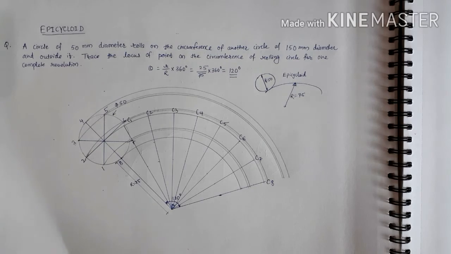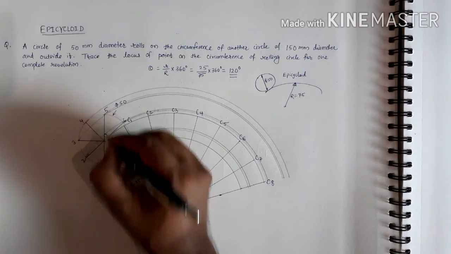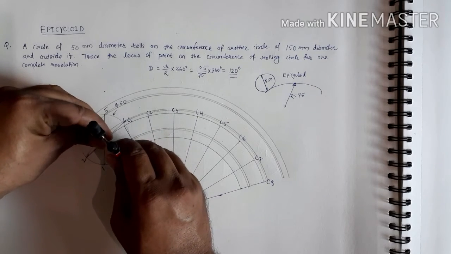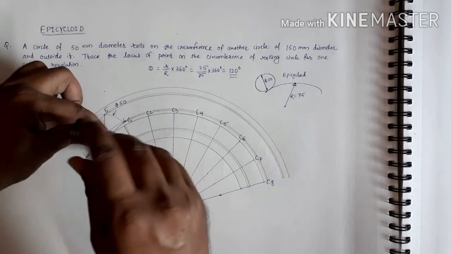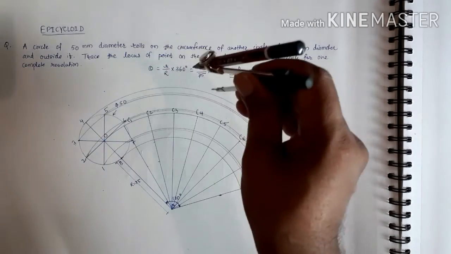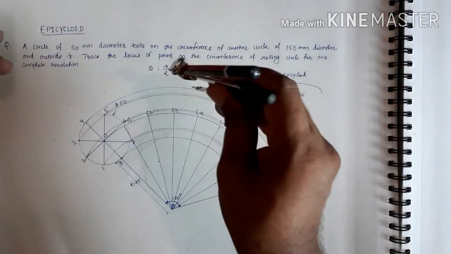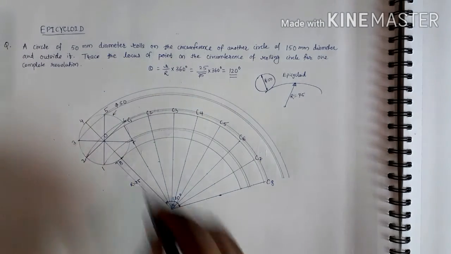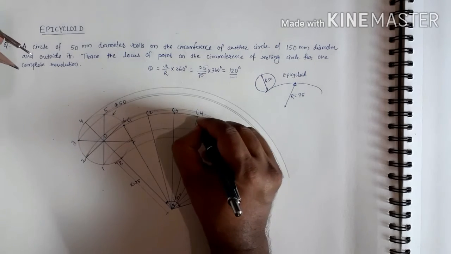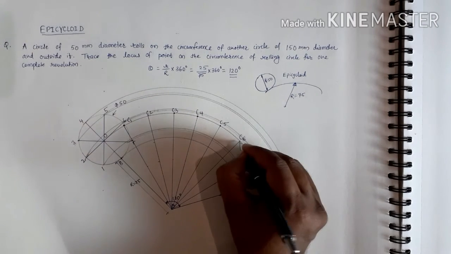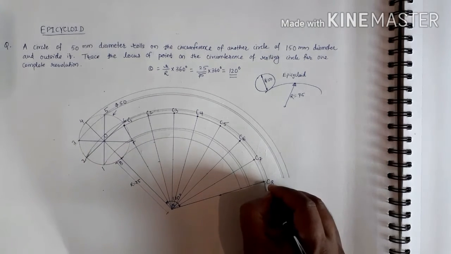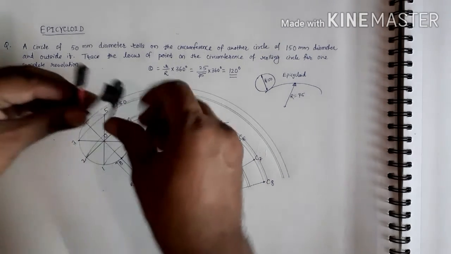So we take 25 mm, that is from center O to 8, and mark arcs from point C1, C2, C3 up to C8 respectively. C1, C2, C3, C4, C5, C6, C7, C8 will be the centers of the compass.